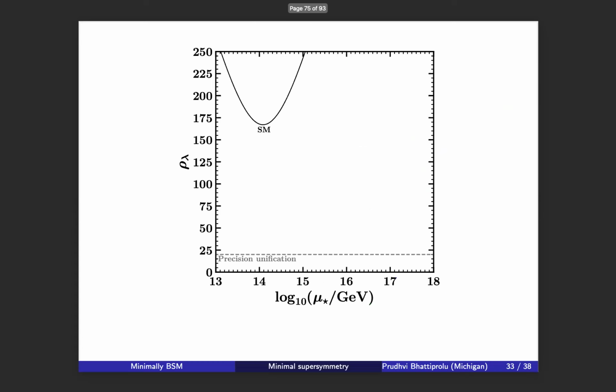With that constraint, here I have the rho lambda parameter as a function of the putative unification scale. The black curve is from the standard model, and the dashed gray line is the requirement for precision unification.